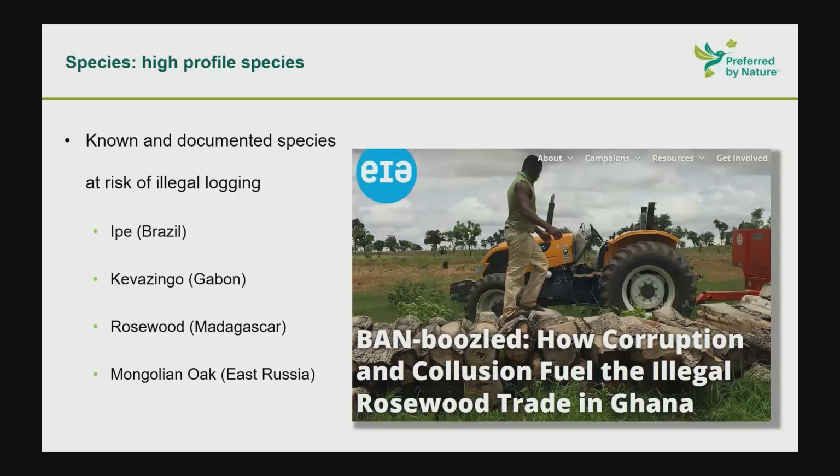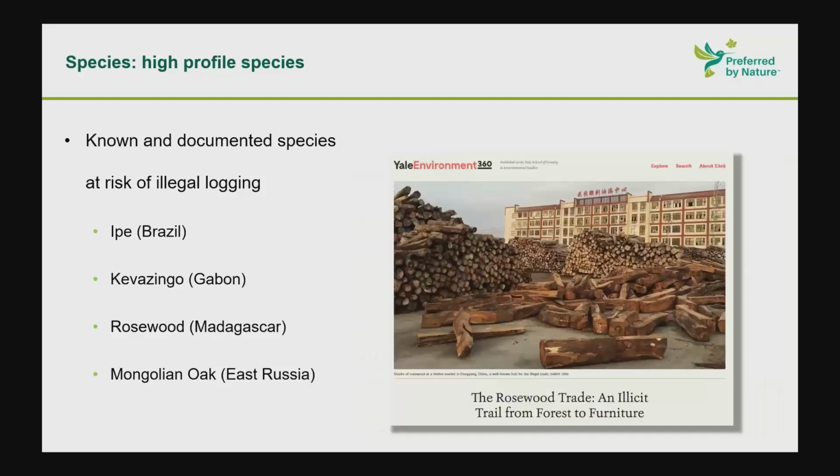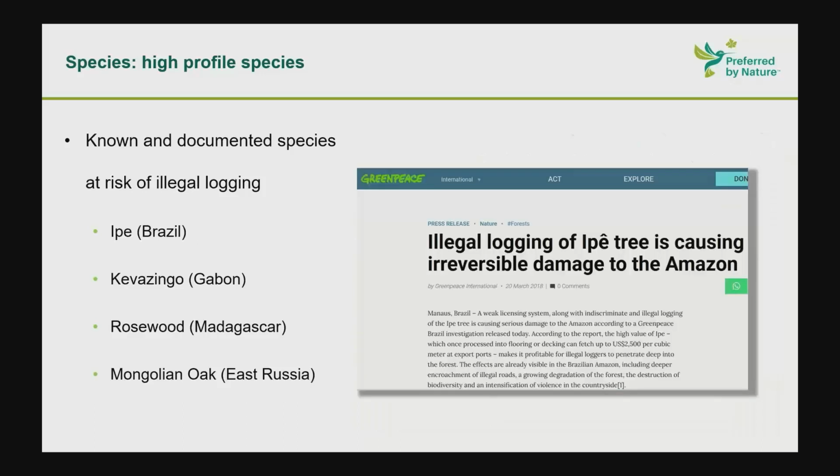So we have Ipe from Brazil, Kivezingo from Gabon, rosewood from Madagascar, Mongolian oak from East Russia. I have a few pictures here. Again, it does not mean that you cannot import those species into the EU. It just means that the level of care and verification that you will need to implement is going to go up.